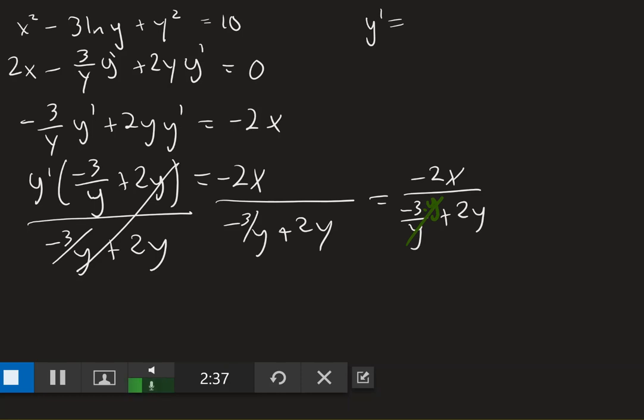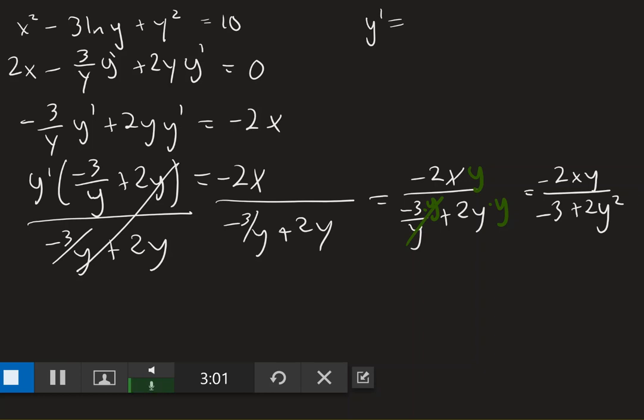So I'm going to do that, and I have to multiply every term by y to keep that balanced. That gets me to negative 2xy over negative 3 plus 2y squared.